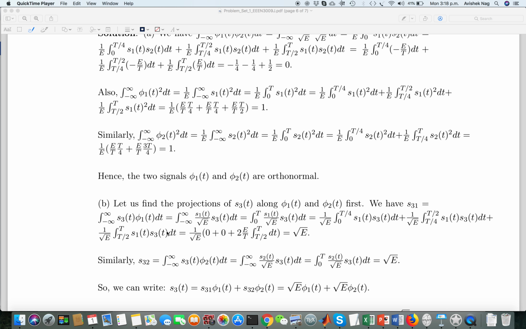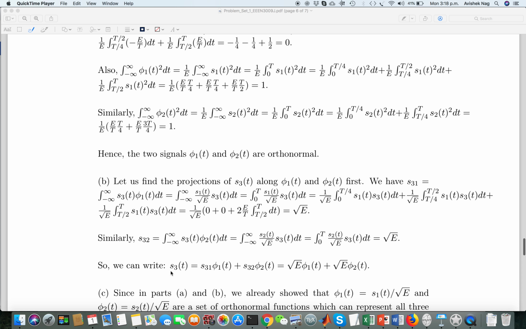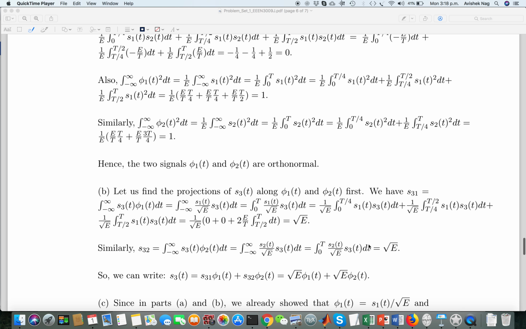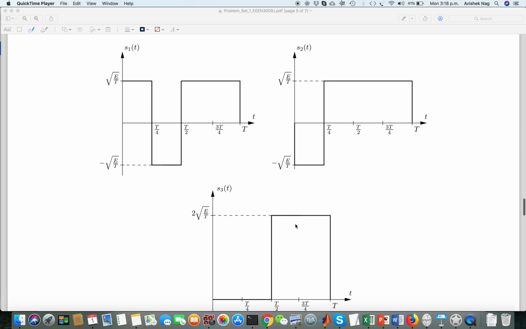So again the concept of projections is coming here as it came for problem 2, and again you calculate S32, which is the projection of S3 on phi 2, and you get square root of E. Then you can write S3(t) as S31 times phi 1(t) plus S32 times phi 2(t). So that's a pretty straightforward approach.